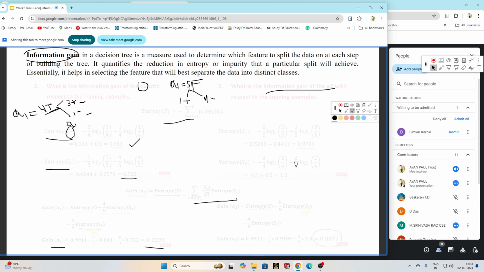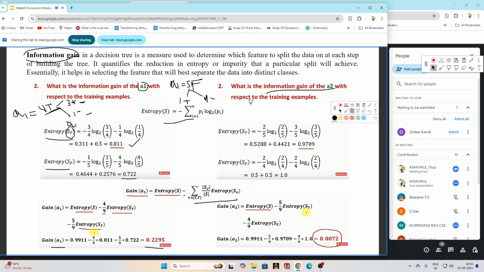If I divide here, A2 will have 5 true examples. Out of the 5 true examples, we have 2 positive and 3 negative.